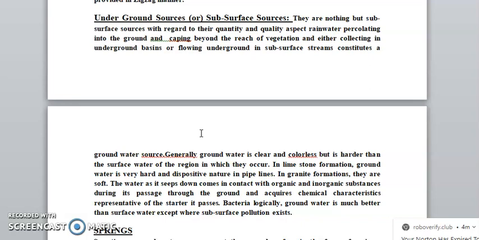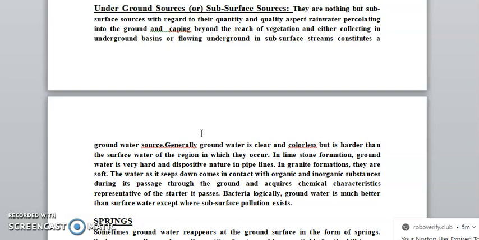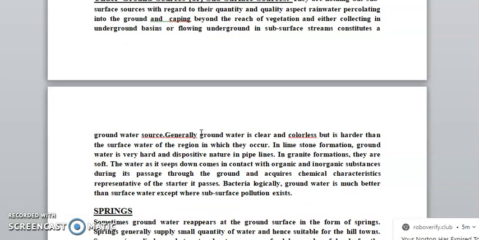The water as it trickles down comes in contact with organic and inorganic substances during the passage through the ground and acquires chemical characteristics representative of the strata it passes. Bacteriologically, groundwater is much better than the surface water except where surface pollution exists.